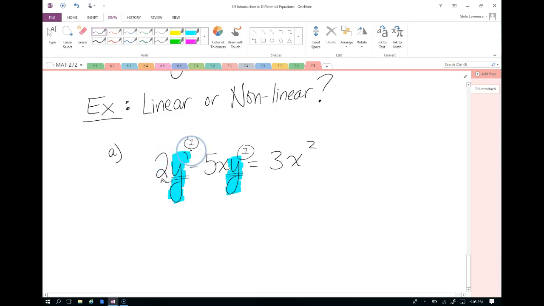So power of 1, and it's not multiplied by any other y's. It's not inside of any nonlinear functions. So this is an example of a linear differential equation. I don't have y's inside of any trig, inside square roots, inside of exponentials, and I don't have y's multiplied together. So this one is linear.